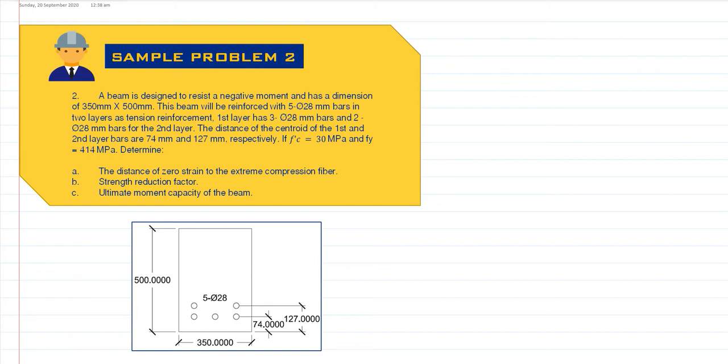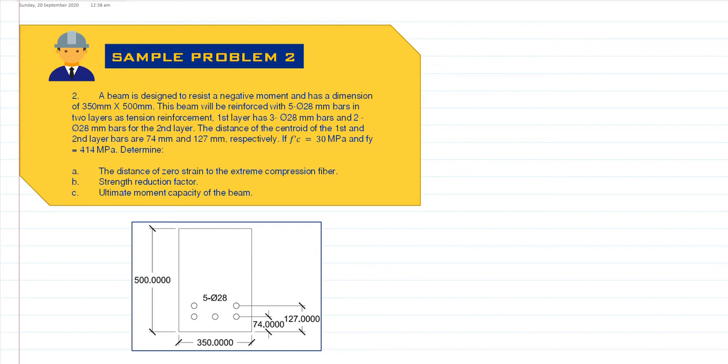The distance of the centroid of the first and the second layer bars are 74 mm and 127 mm respectively. If f'c is 30 megapascal and fy is 414 megapascal, determine A, the distance of the zero strain to the extreme compression fiber, and B, the strength reduction factor, and C, the ultimate moment capacity.